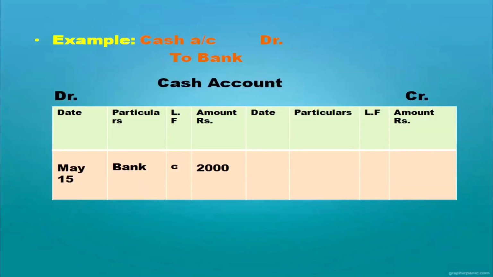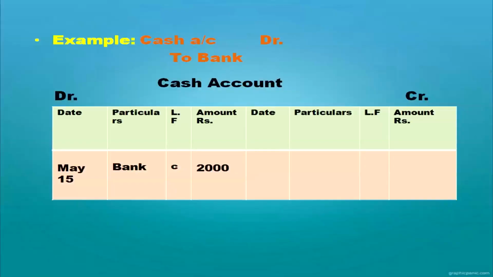Same transaction. If it is coming in the cash book with bank column, how will it come? 'By cash' in the bank column, you are writing on the credit side. See the same entry on the debit side if you are opening a cash account. In the cash account, you will write 'To bank', the same entry, and the amount is in the amount column of cash. This is just to make you think why I am posting the amount in the cash column.